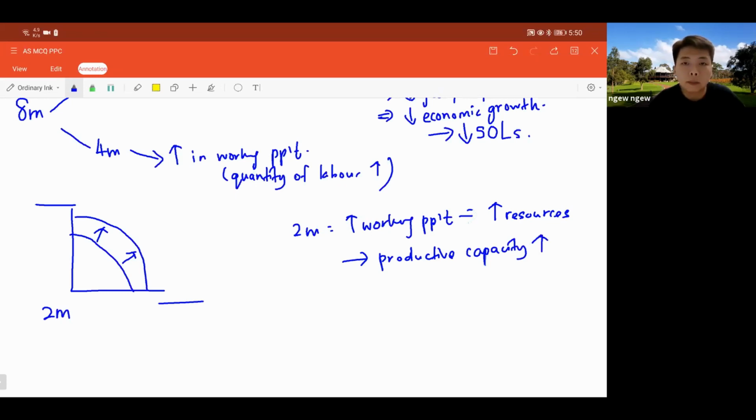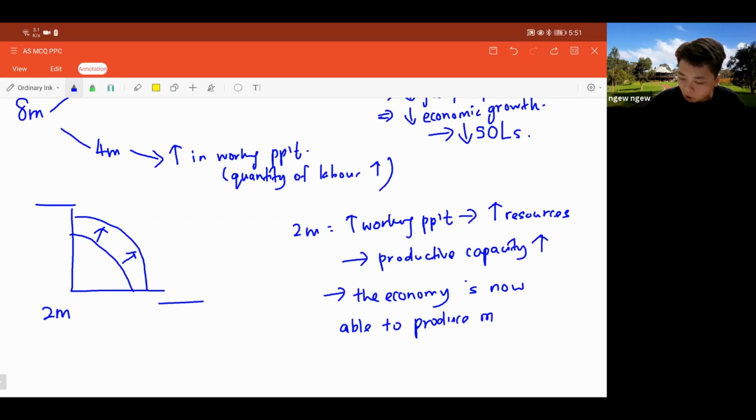So what is so good about productive capacity rising? Okay, which means the economy or the country is now able to produce more of both goods. Okay guys, you look at my keyword, I say the economy is now being able to produce more of both goods.